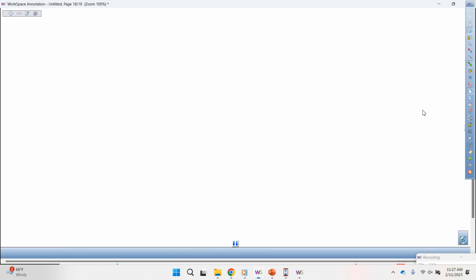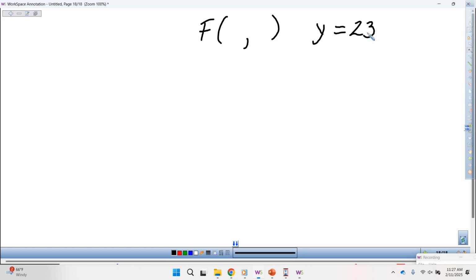So check this out. For example, they're going to ask us to write an equation if they give us the focus, and they're going to give us some numbers here. But then if it says y equals a number, let's say, give me a number, 23. Well, what equation am I going to use if it says y equals?